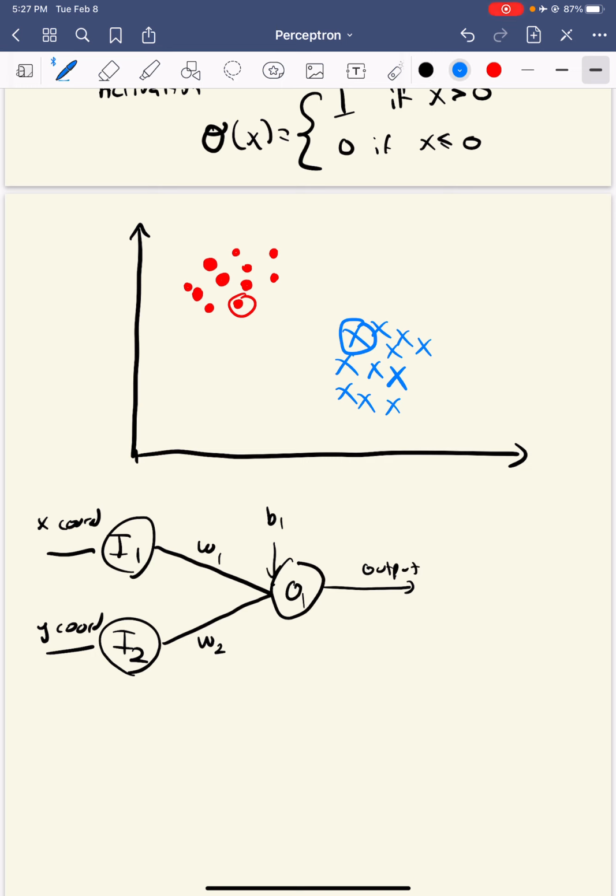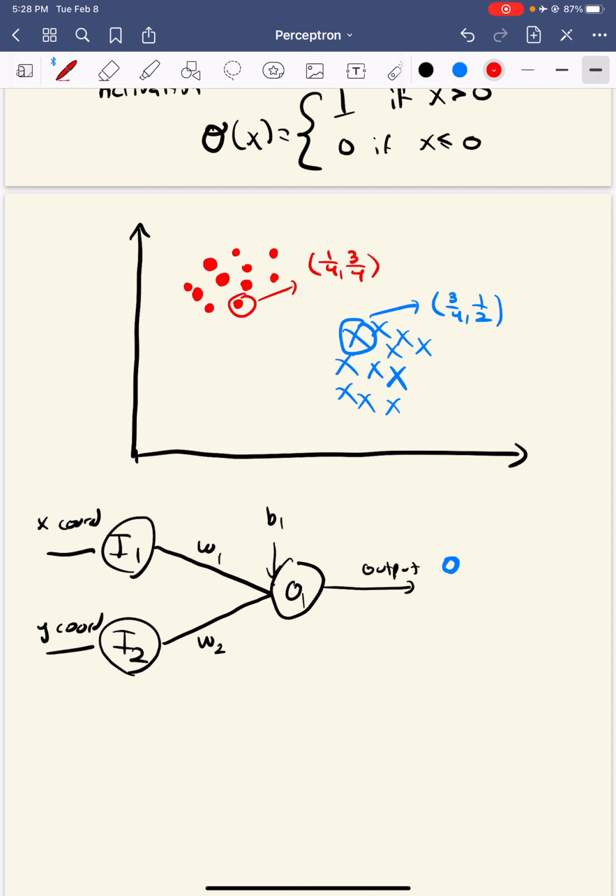And I'm going to assign 0 to be... so let's also say that this point right here is 3/4, 1/2, and let's call this one 1/4, 3/4.